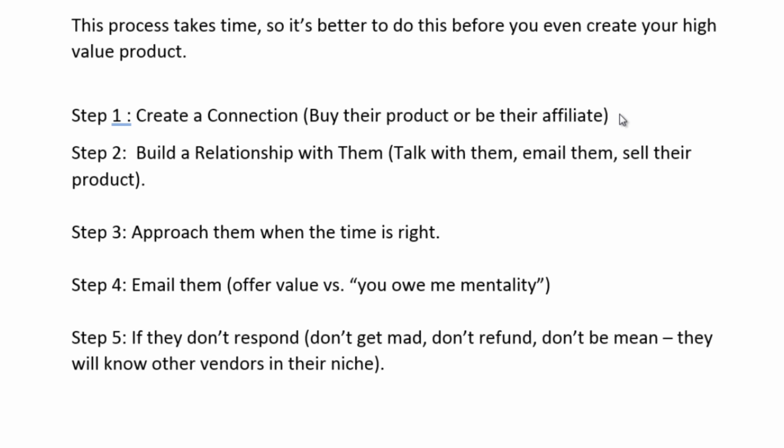In this case, if we're going to do something on weight loss, specifically related to foods, then what we want to do is find all the vendors that are not directly related to weight loss foods, but maybe they offer things like weight loss exercises or things that are not directly in competition, so they would more likely say yes. So you can buy their product, or you can be their affiliate and promote their product, which we'll talk more about in the next video.